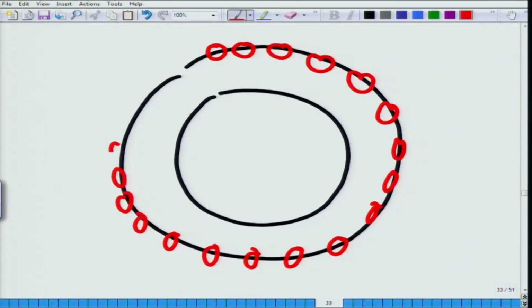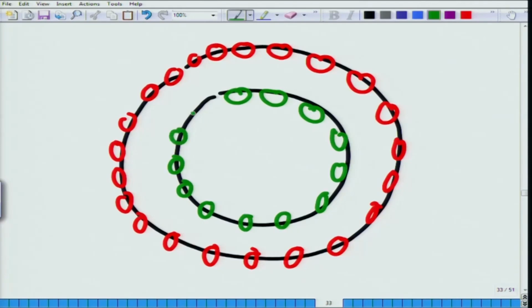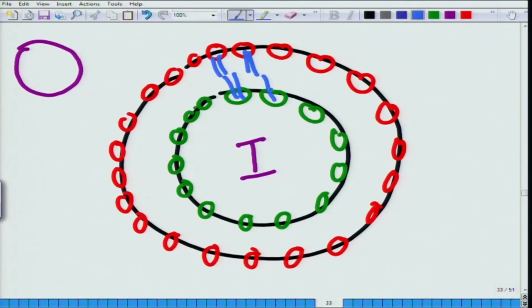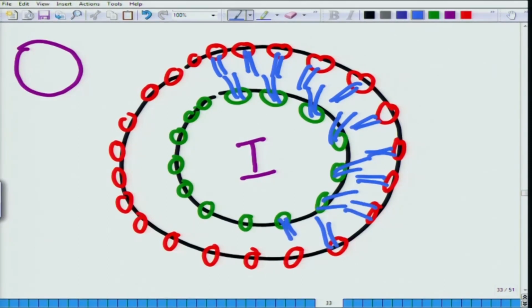So, these are the polar head groups which I showed. These are the polar head groups of the lipids which are facing inside and outside, this is inside the cell and this is outside the cell, and you have these fatty acid chains or hydrophobic tails which are facing inward in order to minimize the energy.